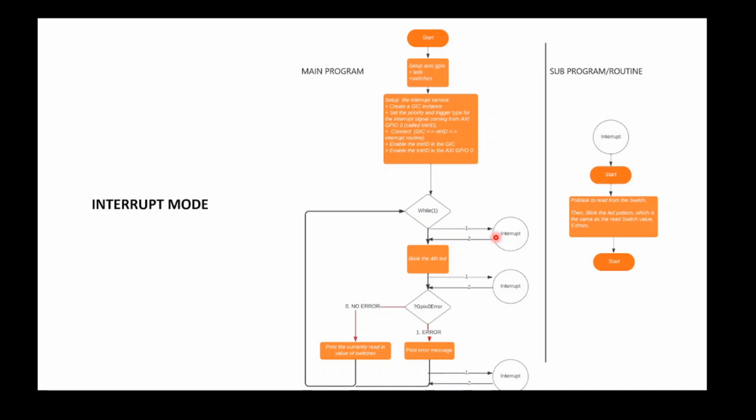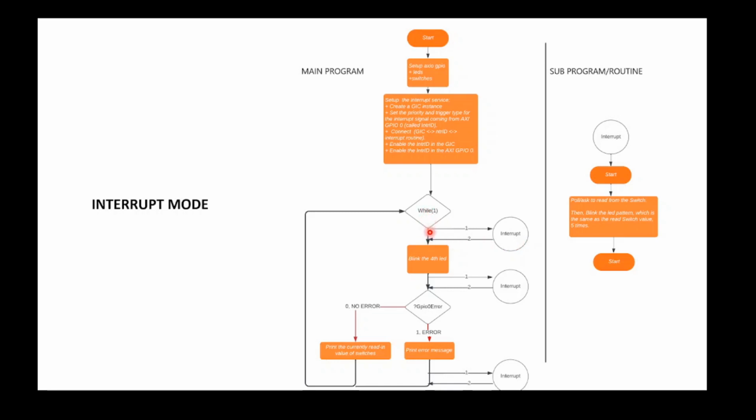So let's say we have 3 scenarios, 1, 2, and 3, where the interrupt signal can interrupt our execution flow in the main program. Let's take scenario number 1 as an example.